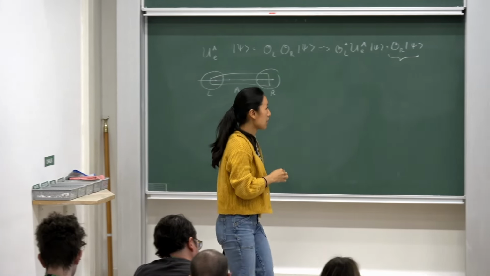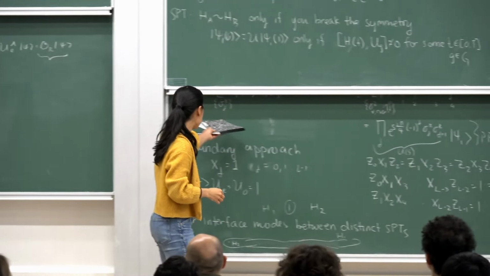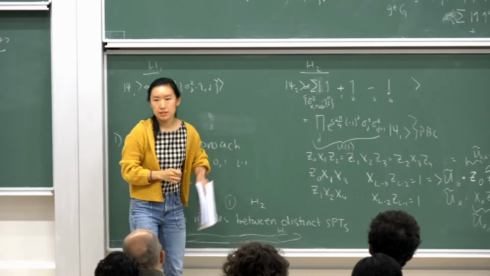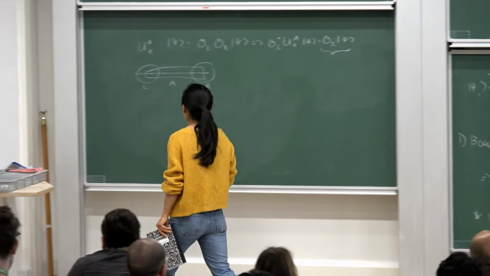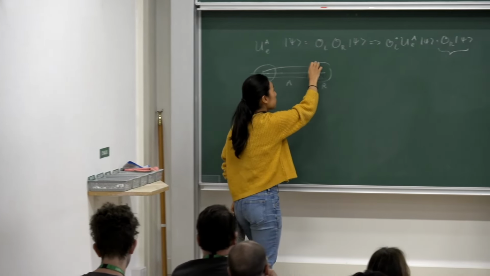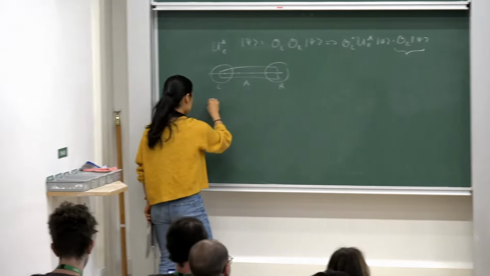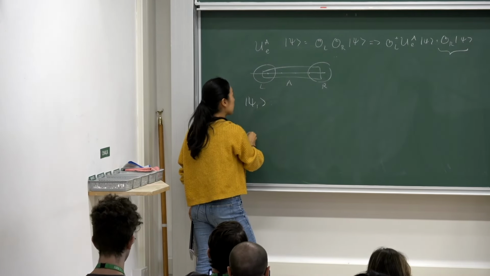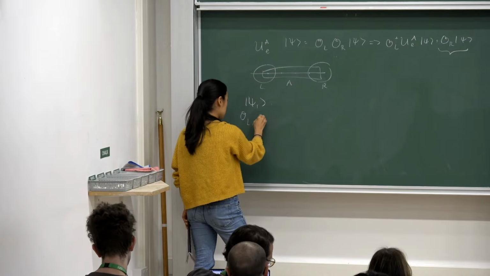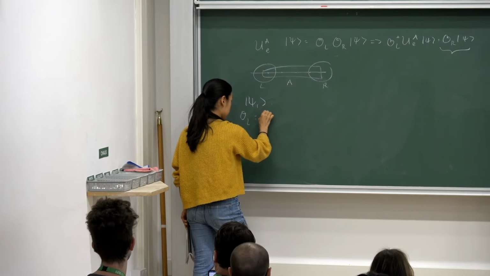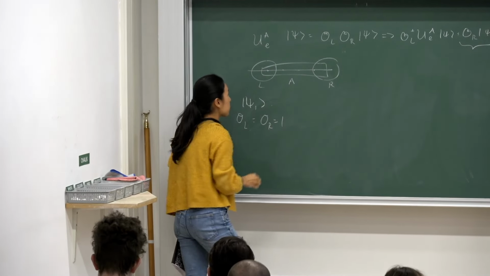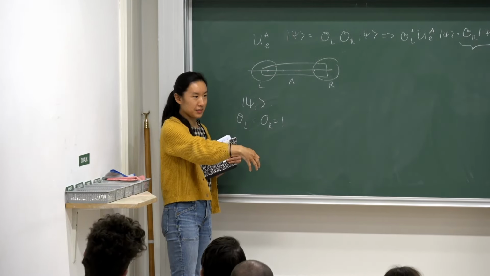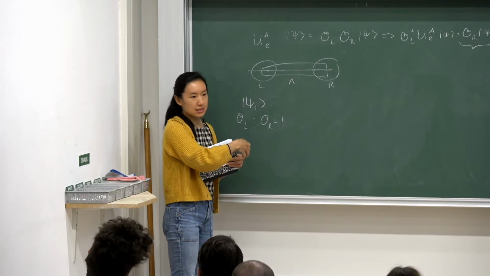And if you now work this out with this ground state psi 1 versus psi 2, what you'll find is that for psi 1, O_L and O_R are trivial, because the product of x on an interval acting on those states just gives you back the state.